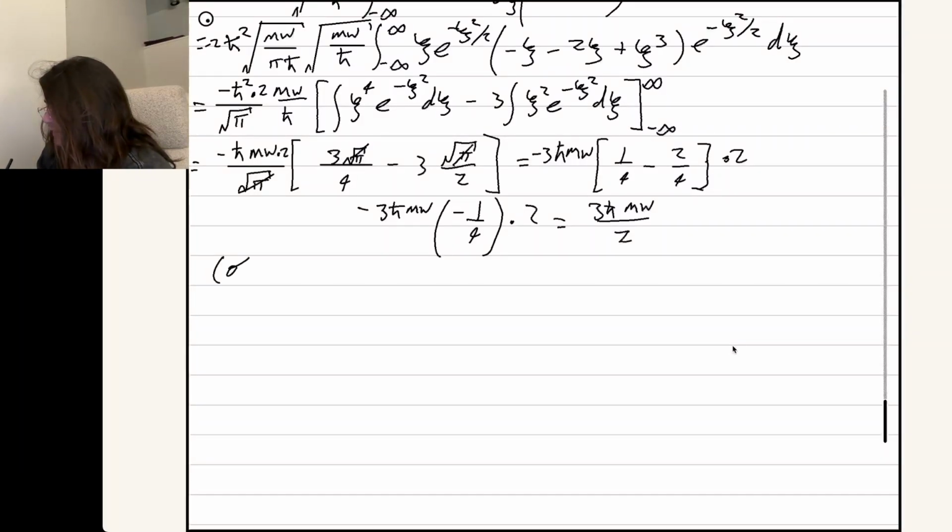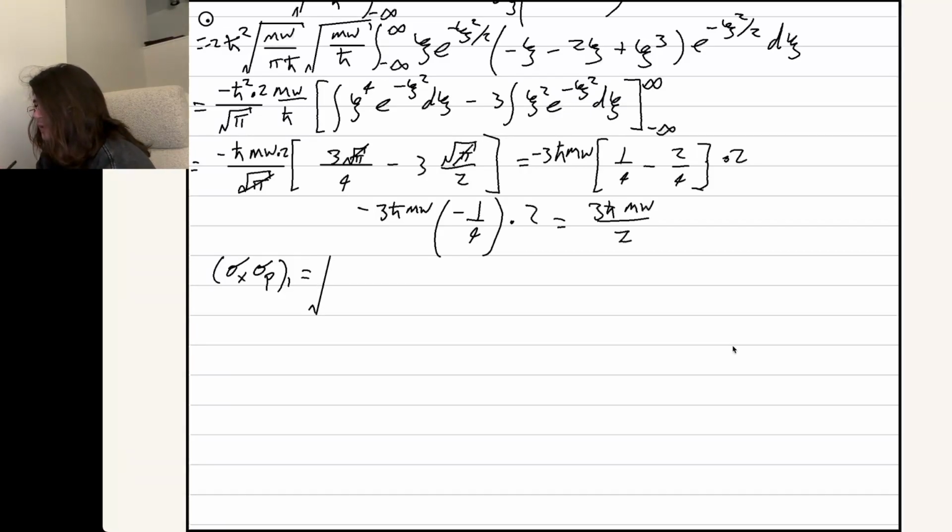Again, we'll look at the Heisenberg uncertainty principle for these. The expectation value of x squared was just 3ħ over 2mω. Expectation value of p squared was, we just found it, 3ħmω over 2.